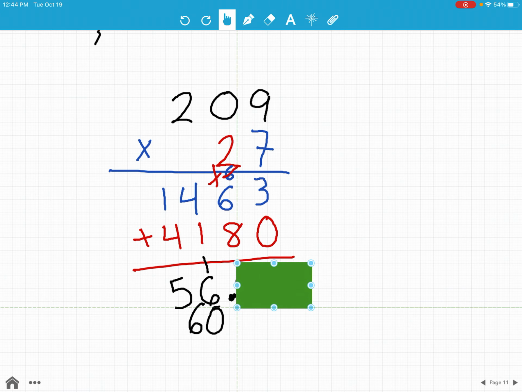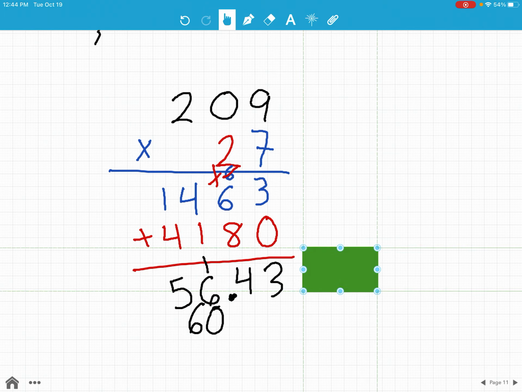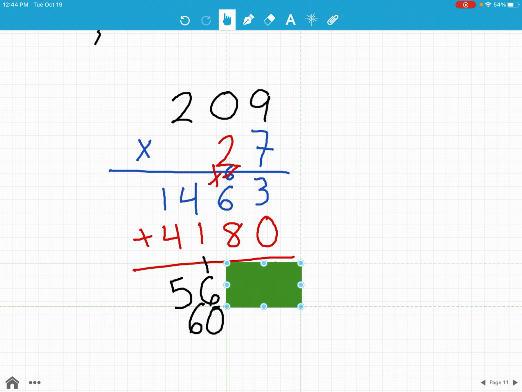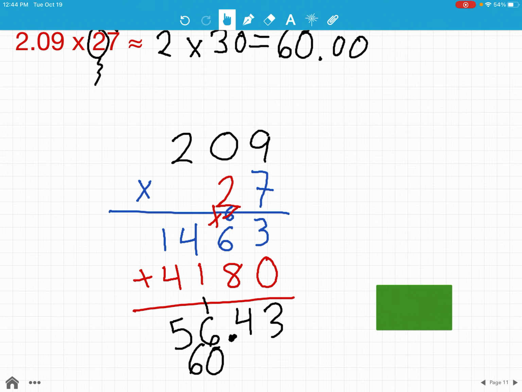That would be 564. And if we took away the 4, we would have 56, and 56 is close to 60. So it's reasonable to think that the decimal goes between the 6 and the 4, because our estimation is 60. Estimation is our friend.